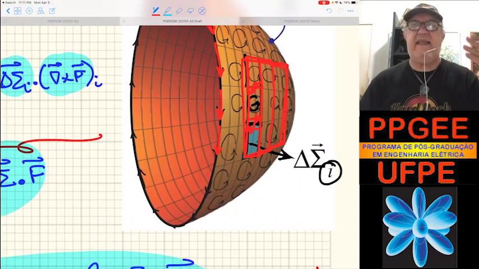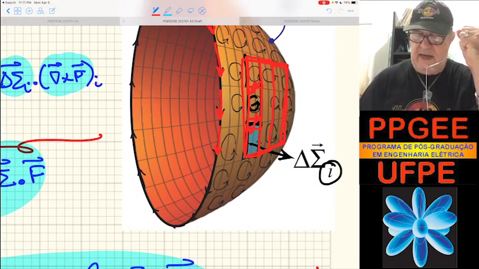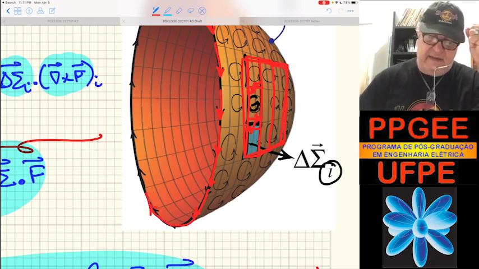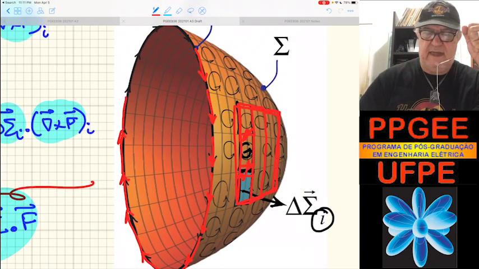That's the only place where I don't have a neighbor cell. So on one side I have a surface integral of the curl. On the other side I have a closed integral, the circulation of the field on this border, right? That's what we get.